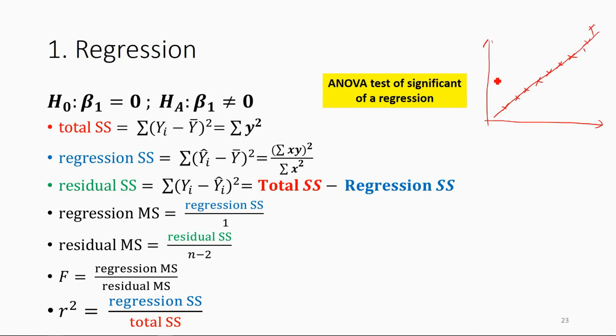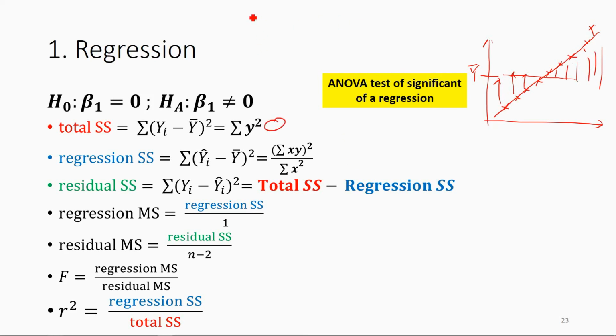You have the mean y. To calculate the total sum of square, you take all the y values minus the mean y. Then you get the total variance.